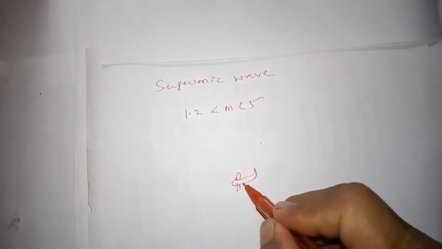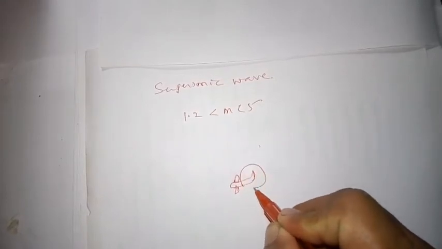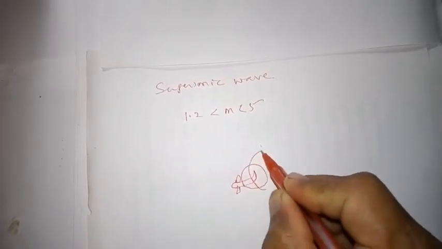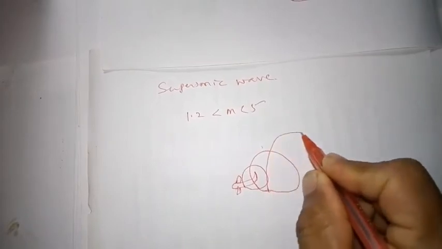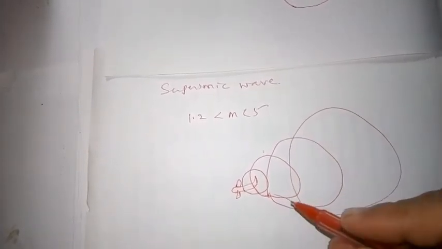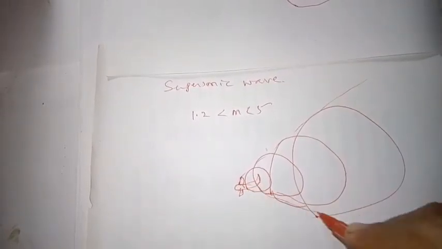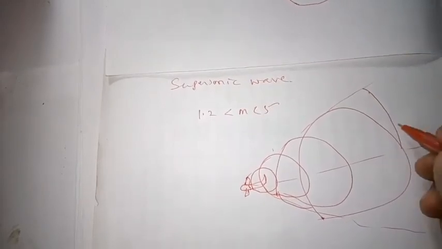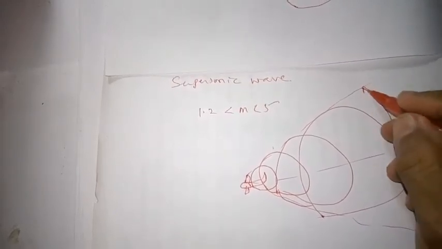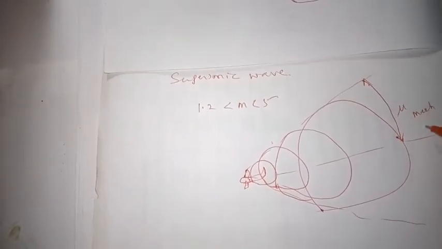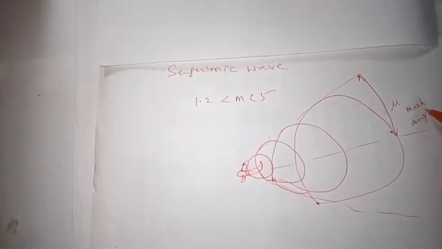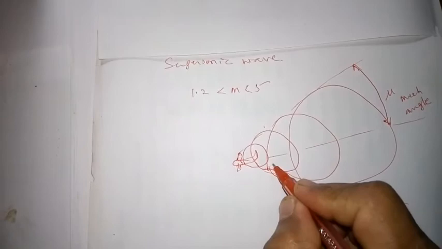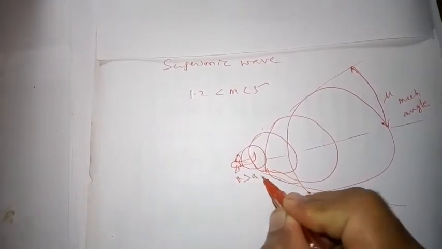So the object is ahead, and sound is expanding backward, something like this. This angle is known as mu, that is the Mach angle. V is greater than A, so the wave is expanding backward.